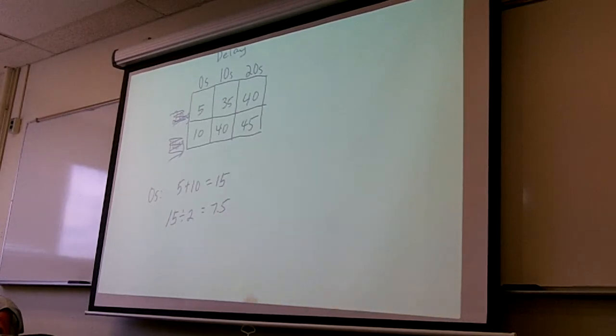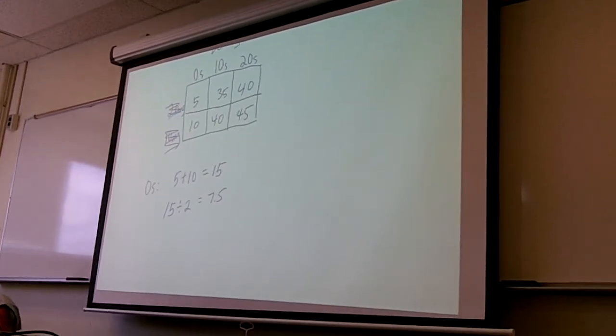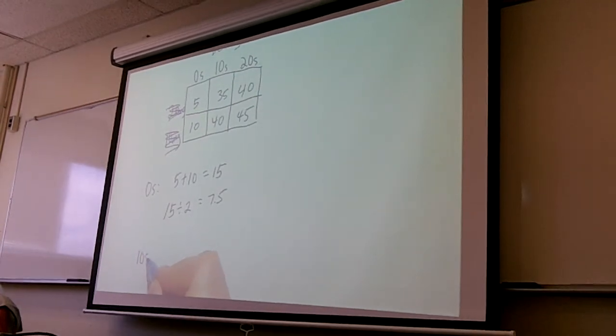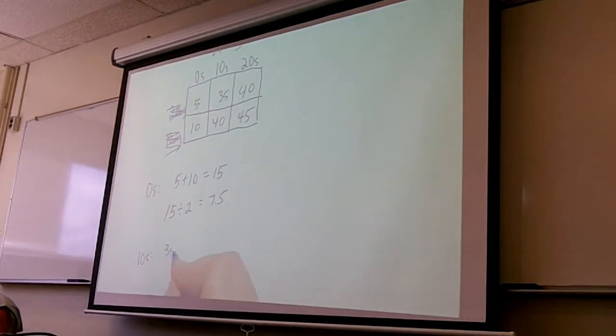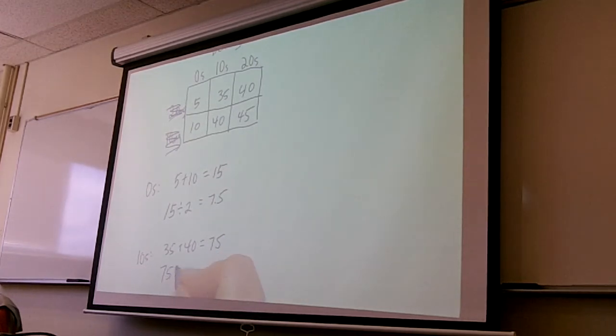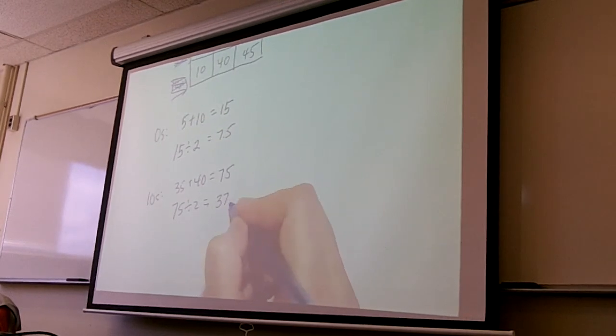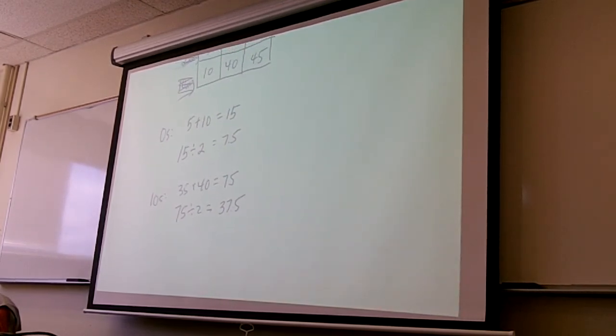Next one is 10 seconds. 35 plus 40 is 75. 75 divided by 2 is 37.5.